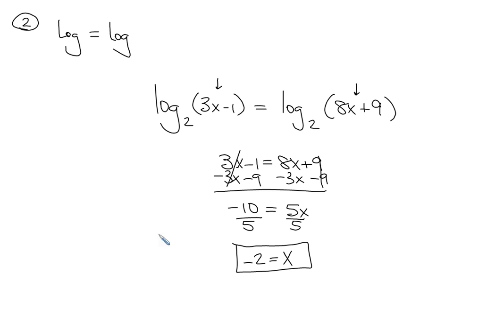No, you must check your answer, and here's why. If I take log base 2 and plug a negative 2 in there, what's 3 times negative 2? Negative 6 minus 1. This gives me log base 2 of negative 7 equals log base 2 of negative 16 plus 9 is negative 7.